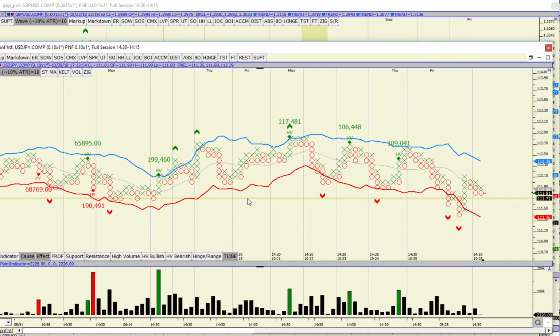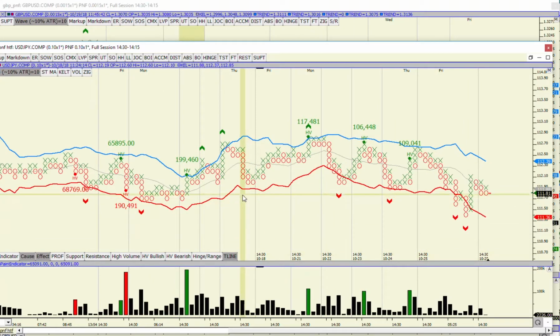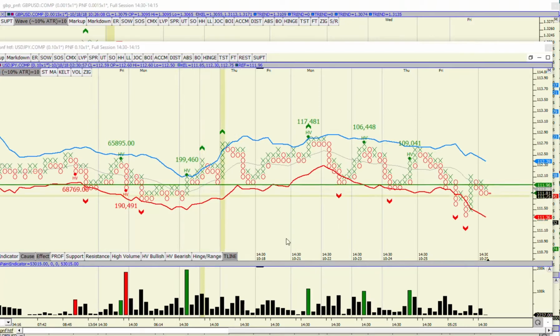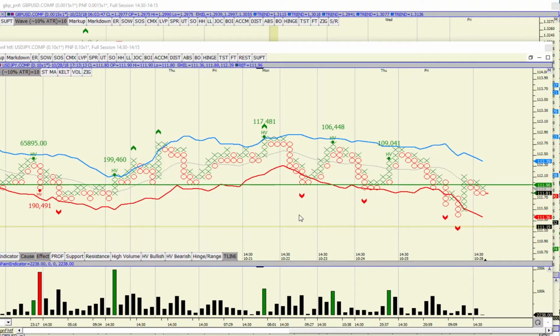Let's see, this support, 1018. So this support was holding, and it's been broken. You see? Actually, before 1018, this area has been broken.